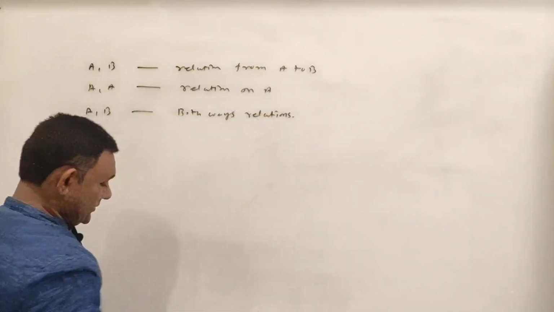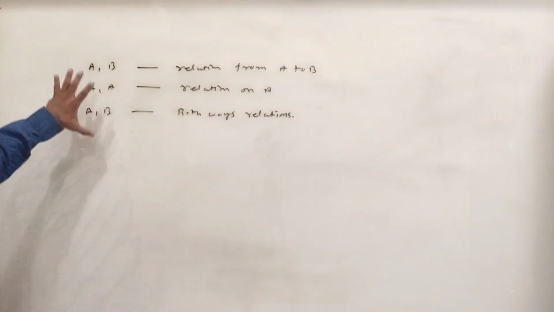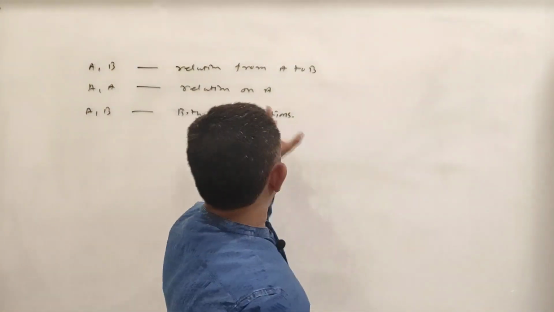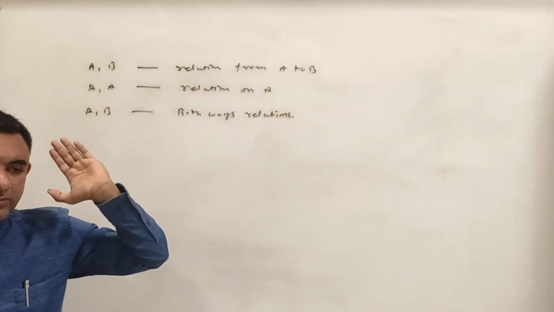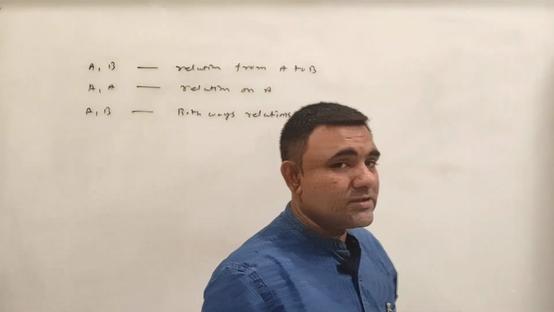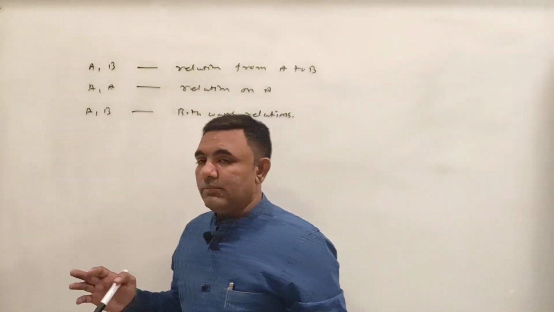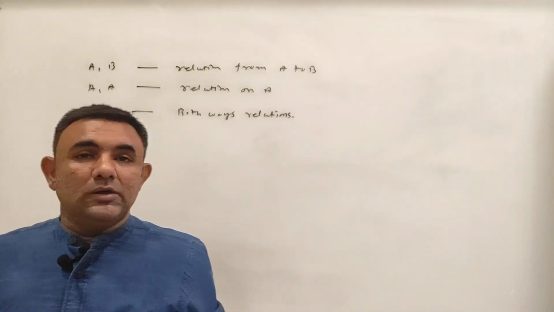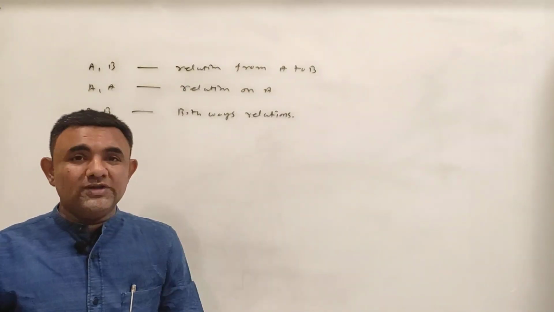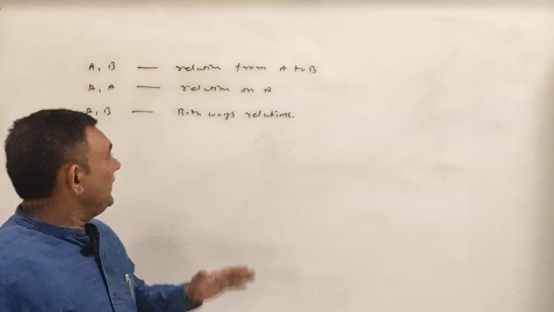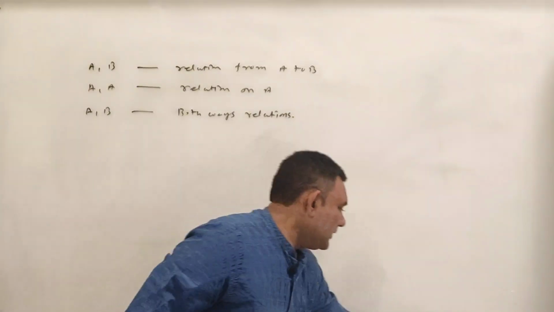So we know how to find the number of relations from A to B, number of relations on A, and number of both ways relations on A and B. Okay.